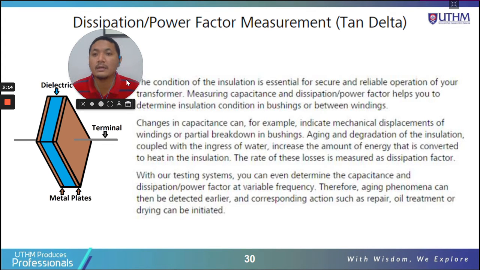So we have a typical capacitor here. If the properties of the dielectric material, or the insulation, change, it means that the capacitance also changes. The value of capacitance will also change.